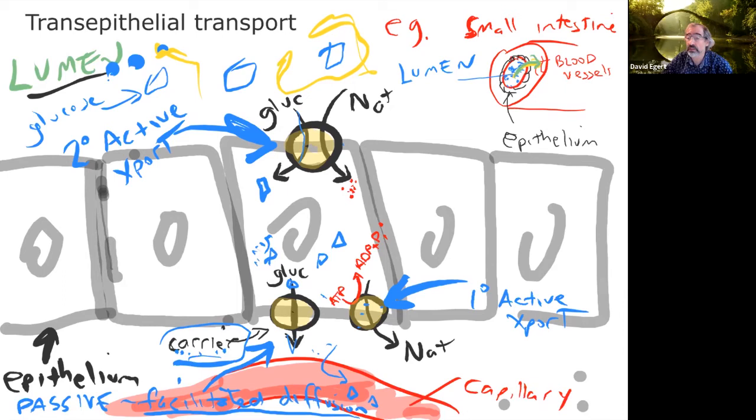Right. So it can be, this is just this particular example I gave, which I thought would be more intuitive, given that most people think about absorbing nutrients from your small intestine. In your kidney tubules, it's going to be transepithelial transport across cuboidal epithelium.